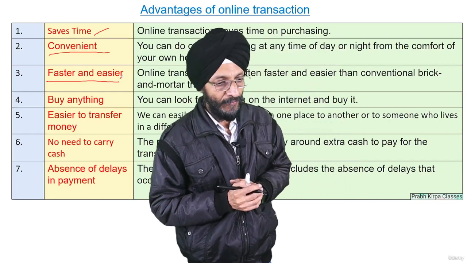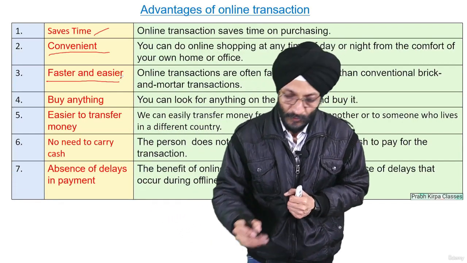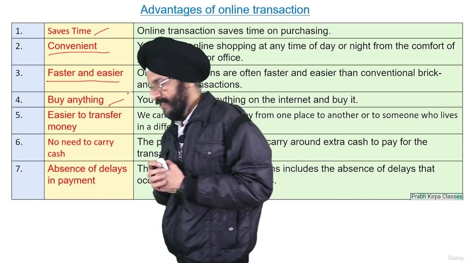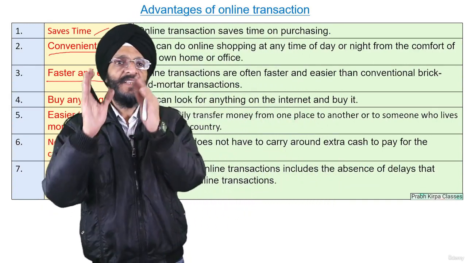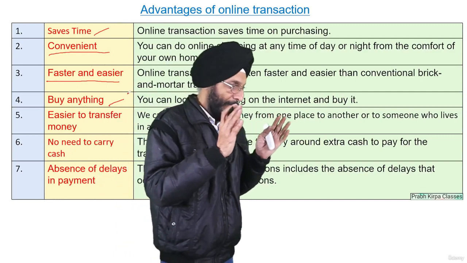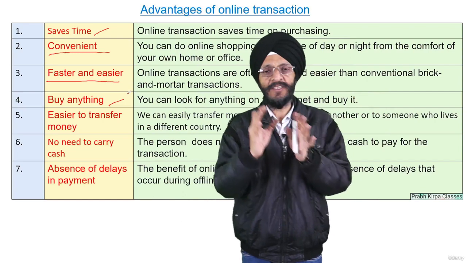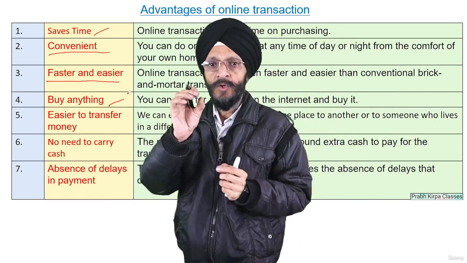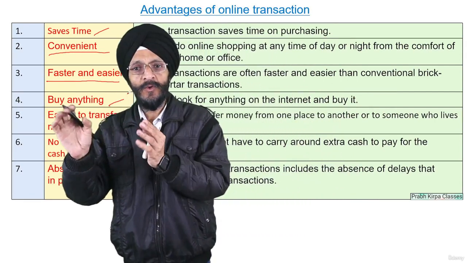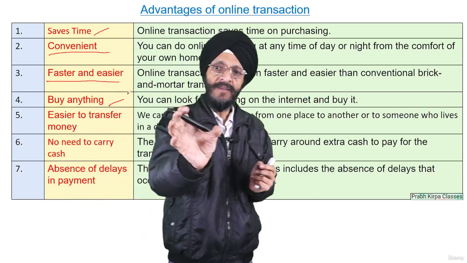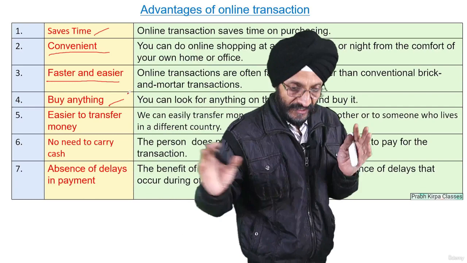Next benefit of online transaction is that we can buy anything. Suppose you go to a shop to buy something, there is a limitation that a particular shopkeeper or even a big departmental store can have regarding the quantity or the quality or the number of products he can display or can have store of.